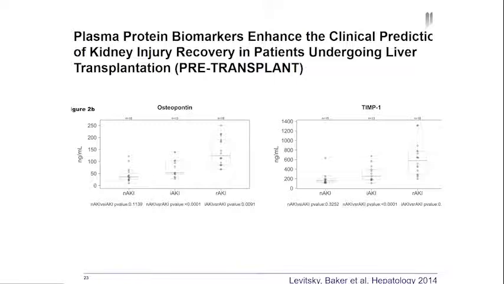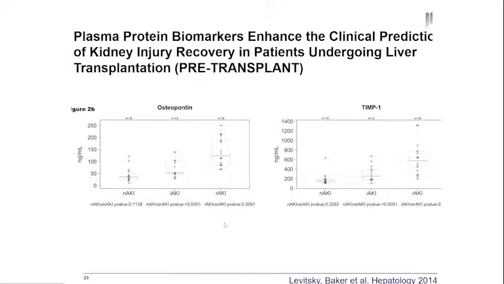And we were able to identify two kidney markers, osteopontin and TIMP1, or two plasma proteins that were much higher in patients with reversible acute kidney injury. So these appear to be protective proteins rather than related to kidney injury.